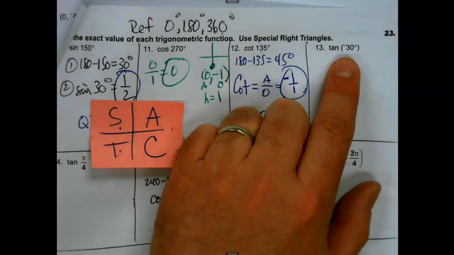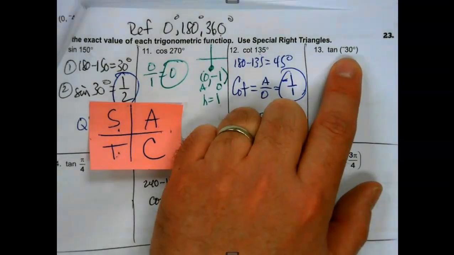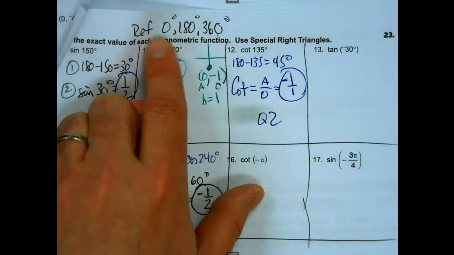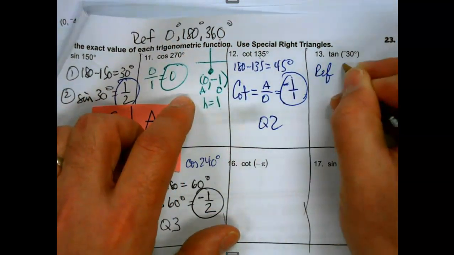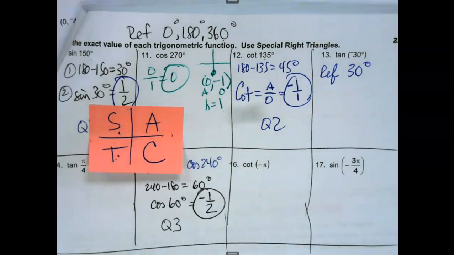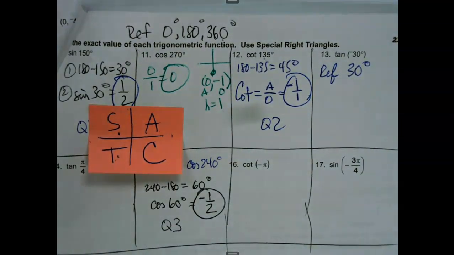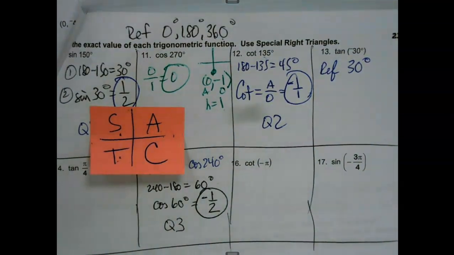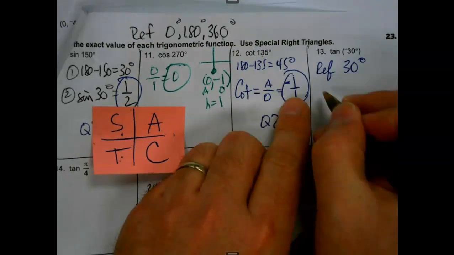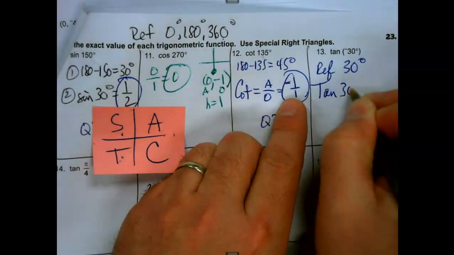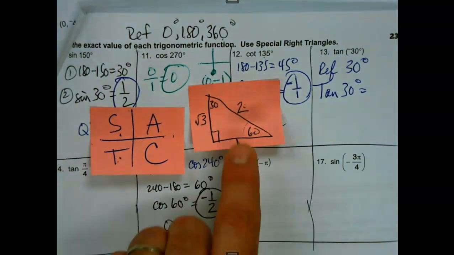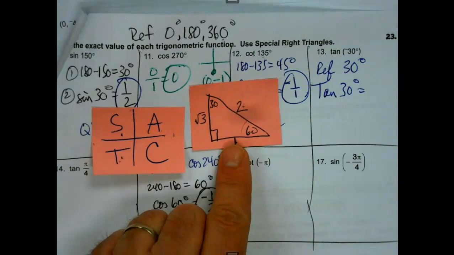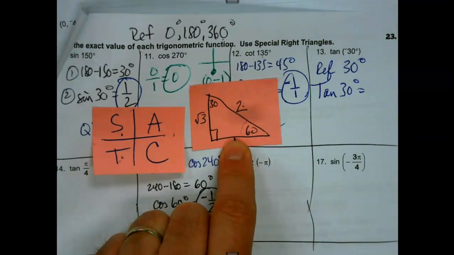Hardy, -30. Well, here's the good news. -30, that's pretty close to 0. So my reference angle is 30, because, well, that kind of makes sense. So I'm like, okay. So I need the tangent of 30 degrees. Let me get my little drawing. Again, this wouldn't be a bad idea when you get to the test to write these on the top the minute you sit down.